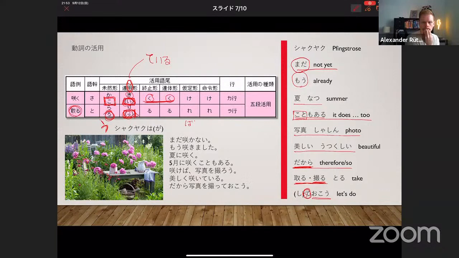Oko is like let's. 置きましょう。Oko is like you're suggesting to do some actions. Let's take a picture.